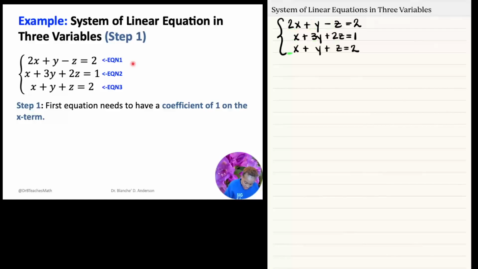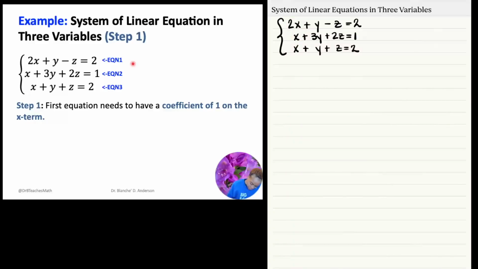So this would be an understood 1, that would be a 1, that would be a 1, that would be a 1, and that would be a 1. Those are the coefficients. So when they say the first equation needs to have a coefficient of 1 on the x term, that means on this x term, I need to have a coefficient of 1. Well, if you notice, this equation has a coefficient of 1 on the x term.